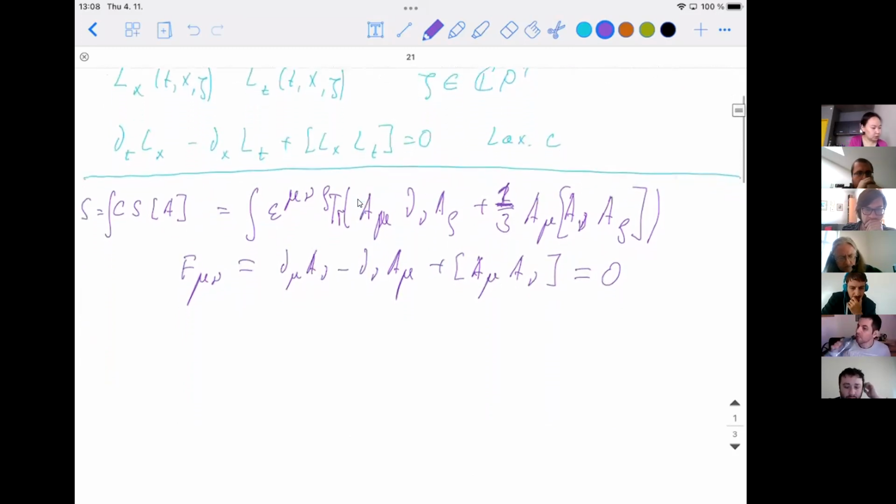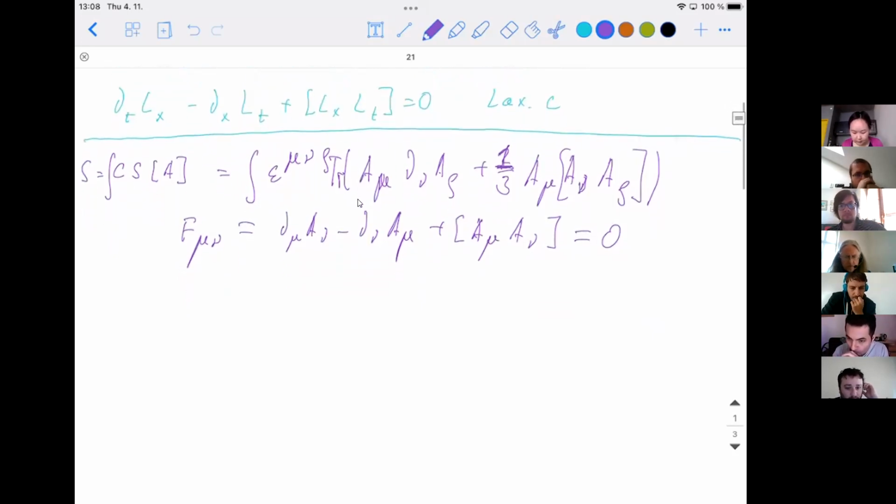So this is the equation of motion for the Chern-Simons theory, and it looks quite like this Lax connection. But here the manifold is three-dimensional.